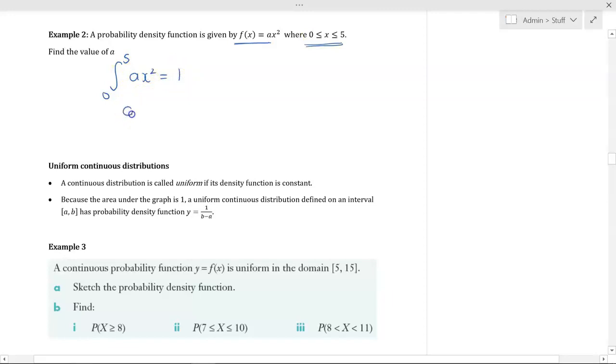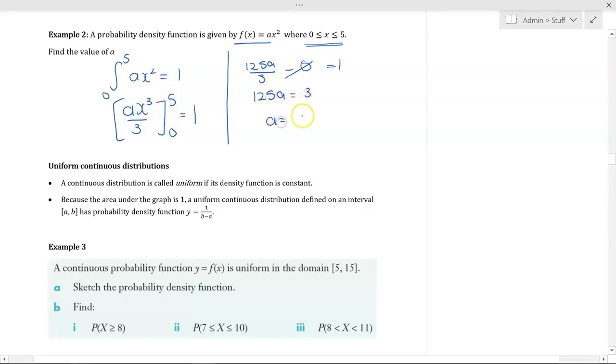And once we integrate that, that's ax cubed on 3, we're going to be able to get a formula just involving a. So when we plug in 5 cubed, that's 125. When I plug in 0, that's 0. So now I'll just solve: times the 3, divide by the 125.